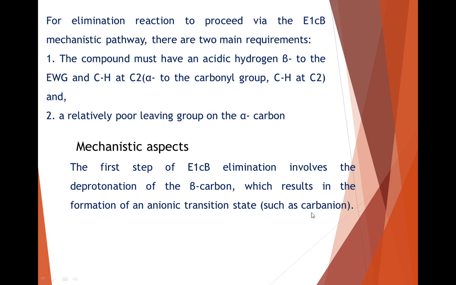Now let us discuss the mechanistic aspects. The first step of the E1CB elimination involves the deprotonation of the beta carbon, which results in the formation of an anionic transition state like carbanion.